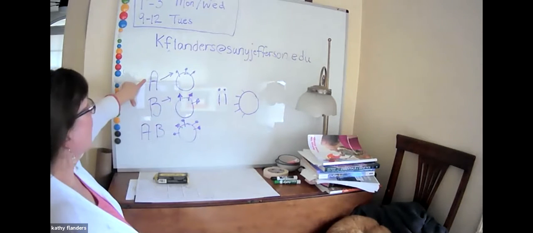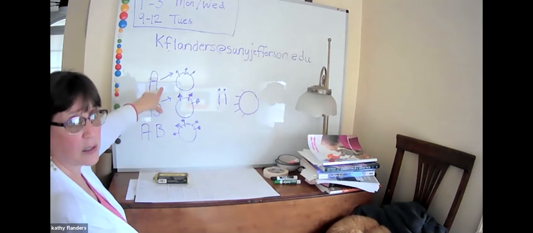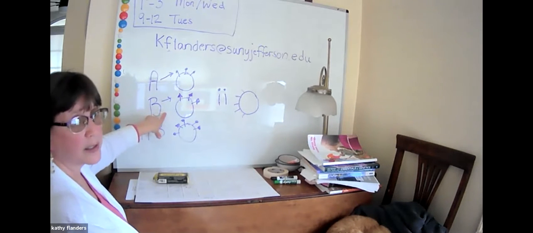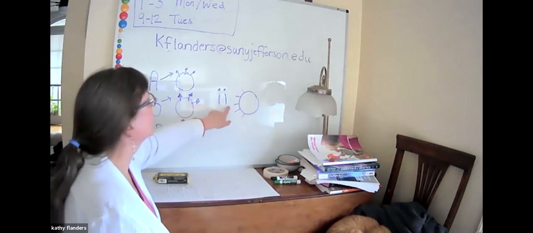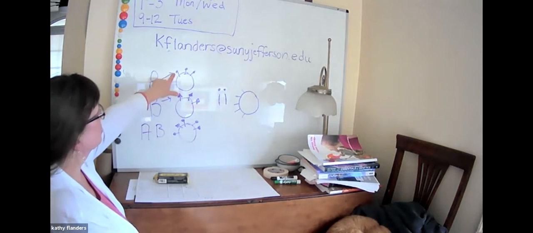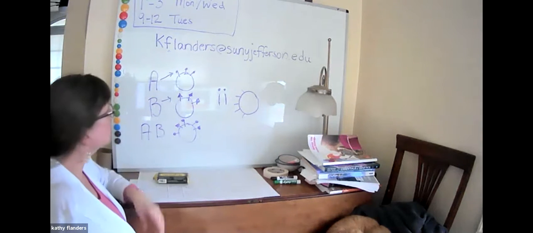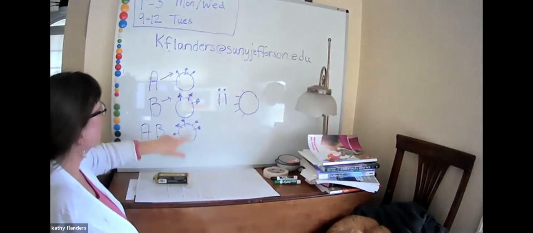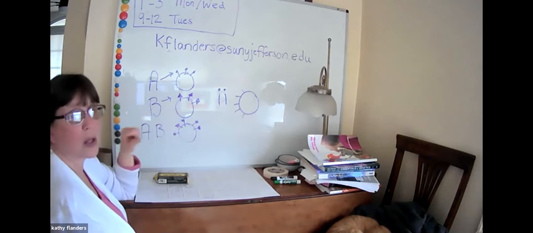You can also get a combination, an A with a little i, and you can get a B with a little i. If you get an A or a B combined with little i, you still have those enzymes. And if you still have those enzymes, you're still going to be a type A cell. Or if you have a B little i, you're going to have a type B cell.